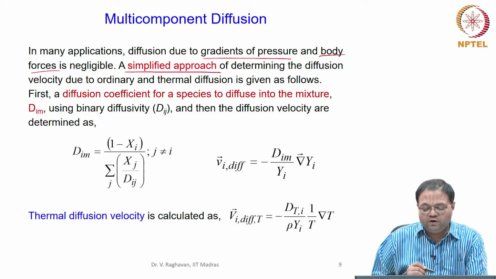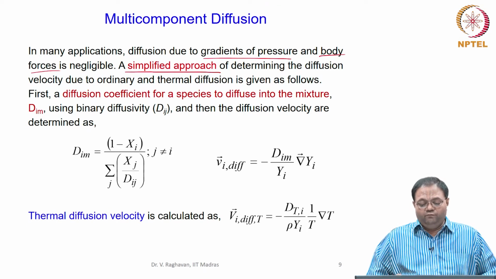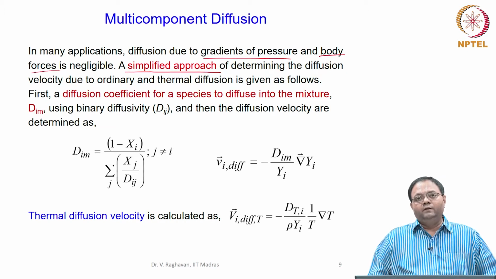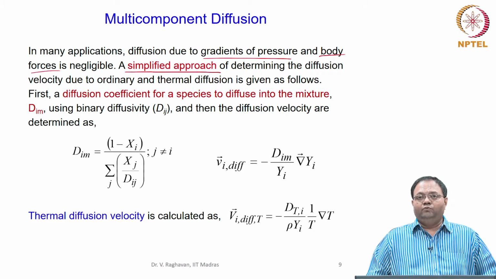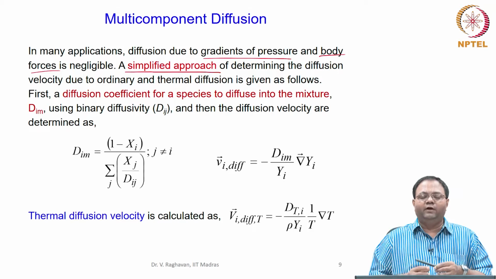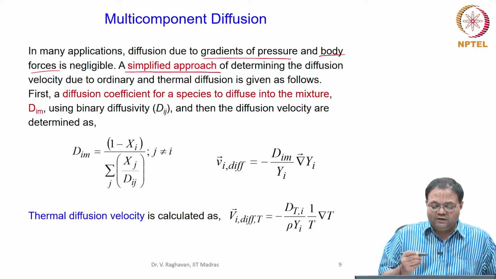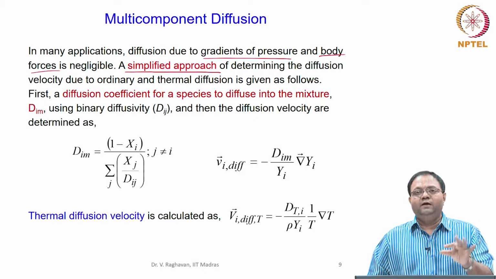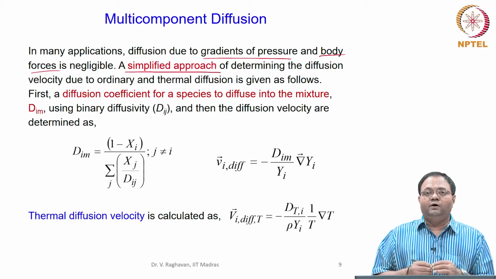What is the simplified approach? Instead of calculating the diffusion velocity directly for the ith species by solving the set of equations in a coupled way, let us assume a binary type of scenario.